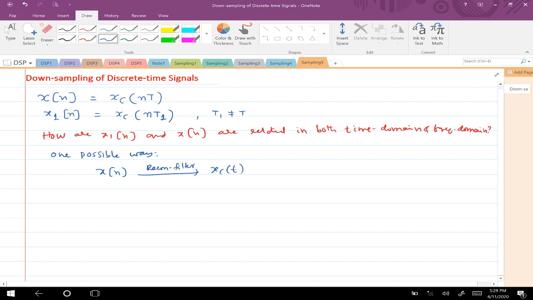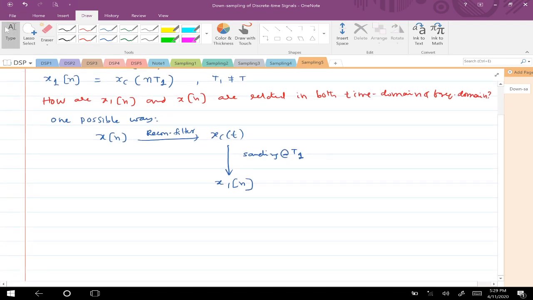Then you take samples of it at the rate of T1, and that should give you x1 of n. This is from our first and second lectures. Well, you could do this, but this approach is not practical, particularly for three reasons.